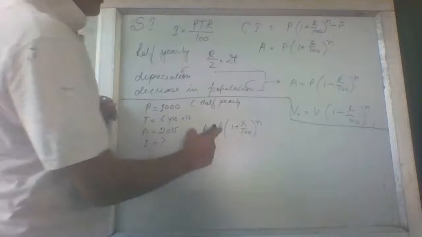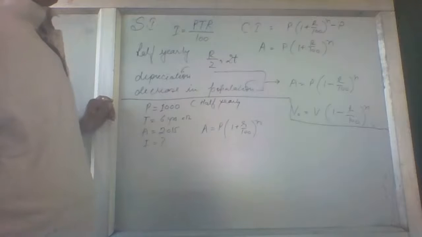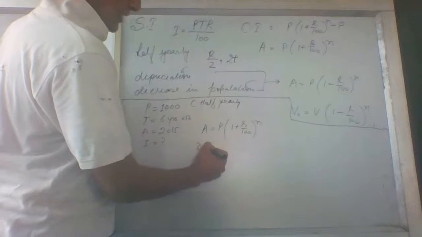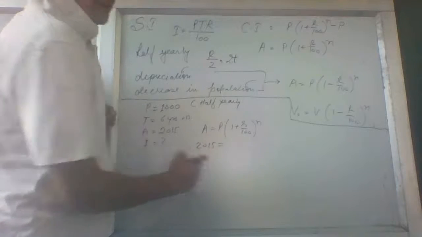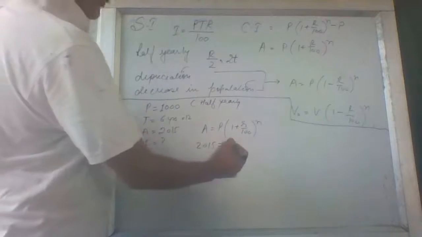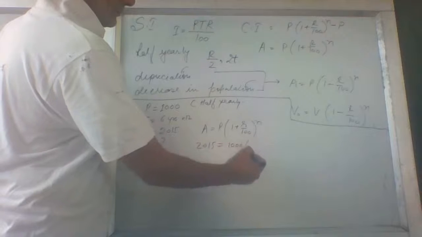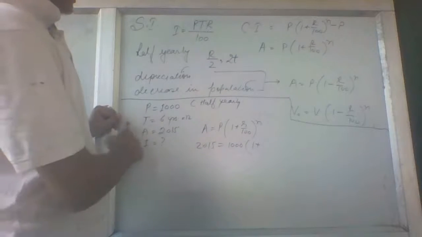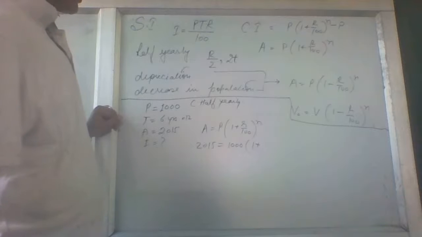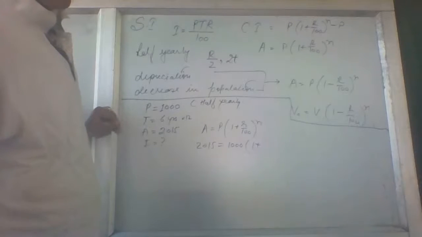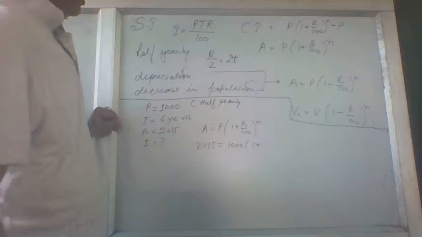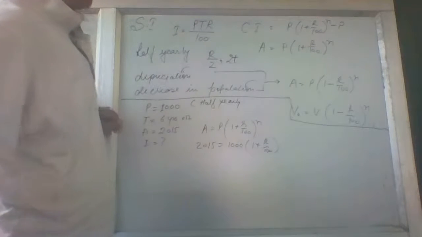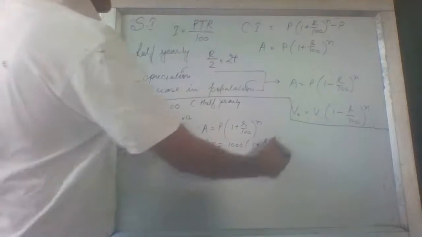Now the same formula will be converted: amount will be 2015 and this principal is 1000 rupees, 1 plus rate of interest r is not yet decided. What is the rate of interest? We don't know. And time is equal to 12 years.